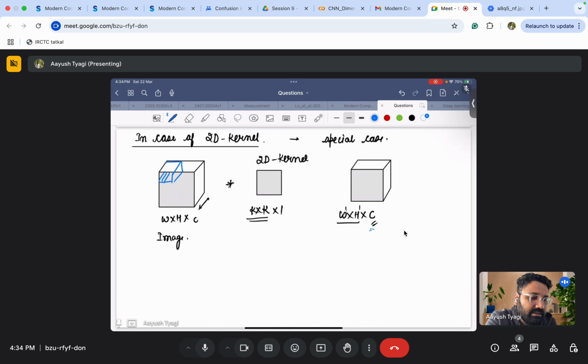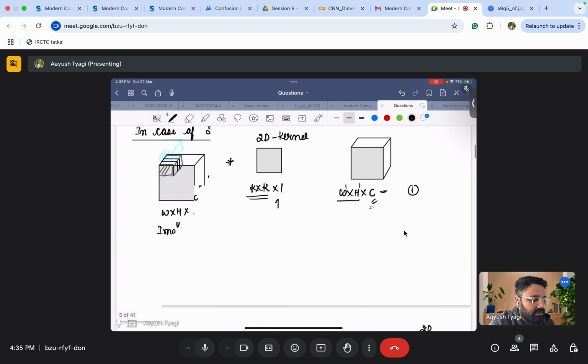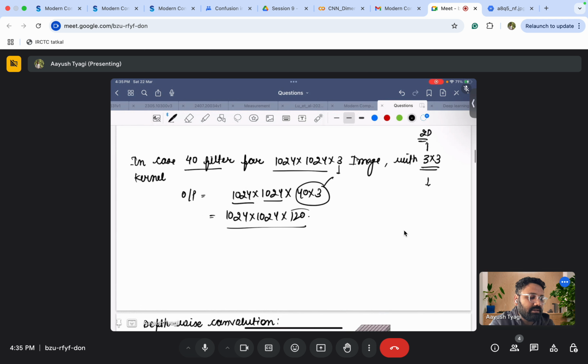Earlier we were getting the number of channels as 1 in the output, if we convolve with one filter. But now if we are doing only a k cross 1 operation, you will have output as W dash cross H dash cross C, because you will now have output for each channel. You got it, right?